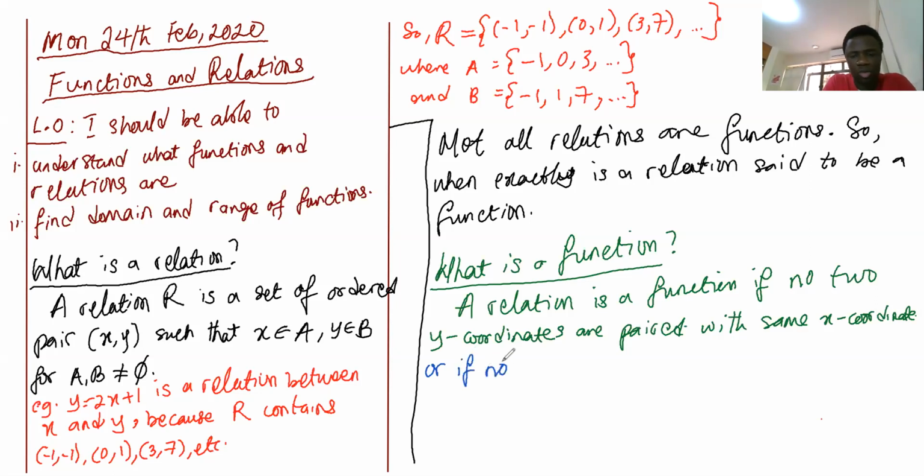If no two other pair, can I say distinct ordered pair? If no two distinct, because they have to be different, right? If no two distinct, meaning different, ordered pairs.